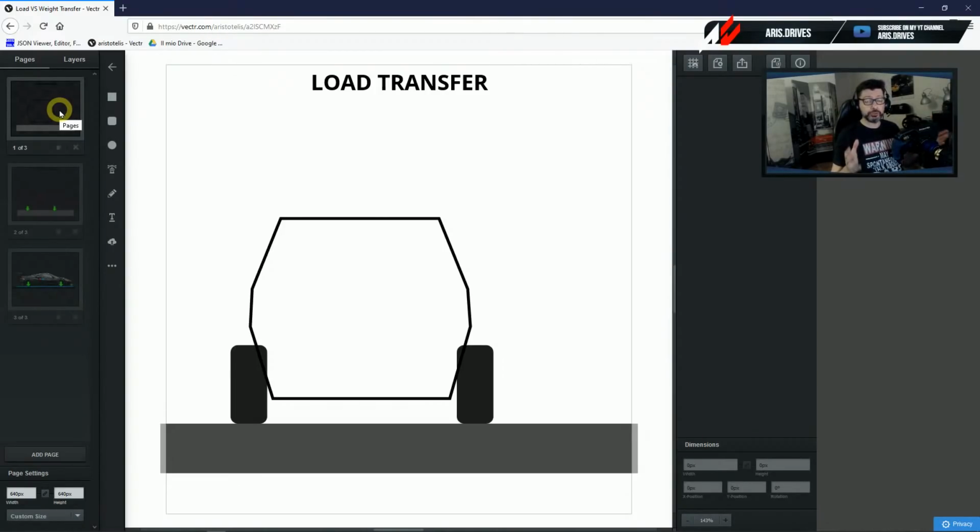We'll find out what each means first of all, and what the difference is in terms of how much is the weight transfer and how much is the load transfer.